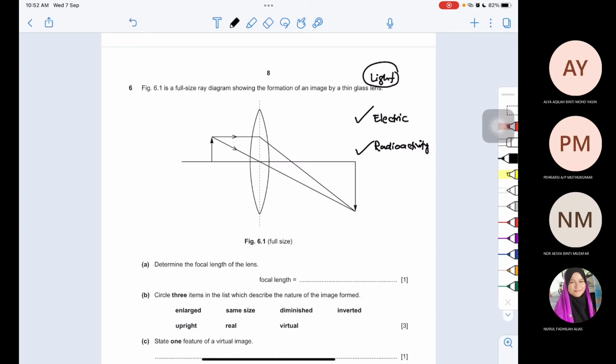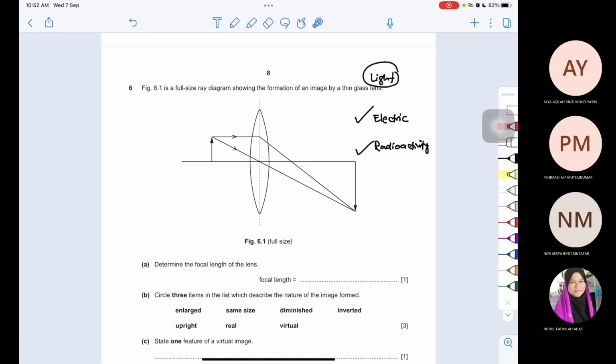Okay, there is a lot we learn about reflection, refraction and diffraction. So this one is refraction. Okay, focus on refraction. Here it uses the term thin glass lens.